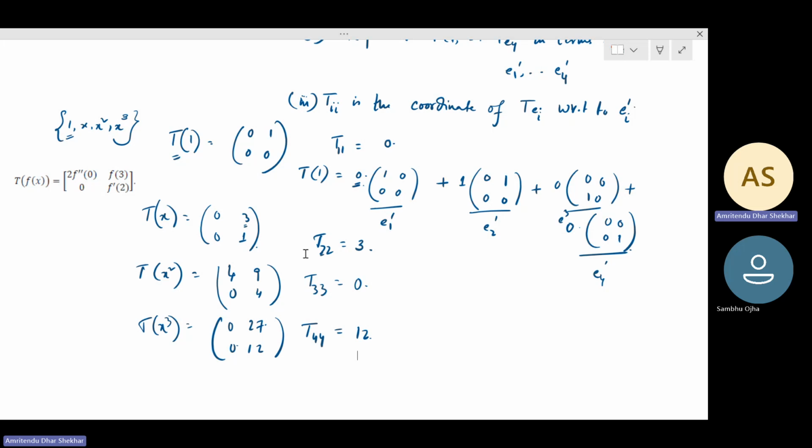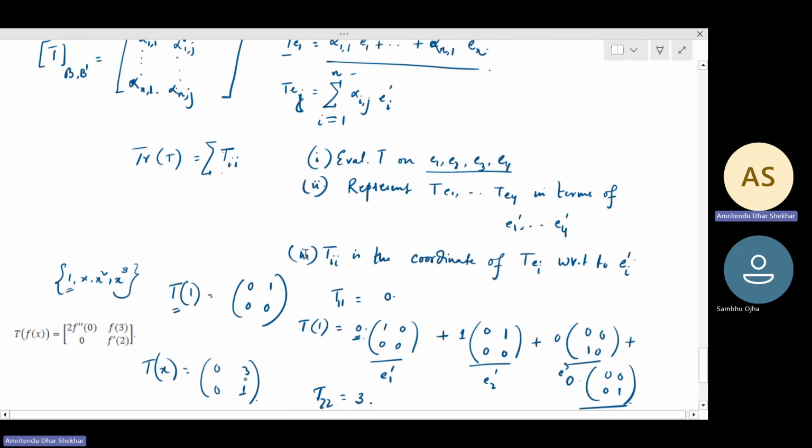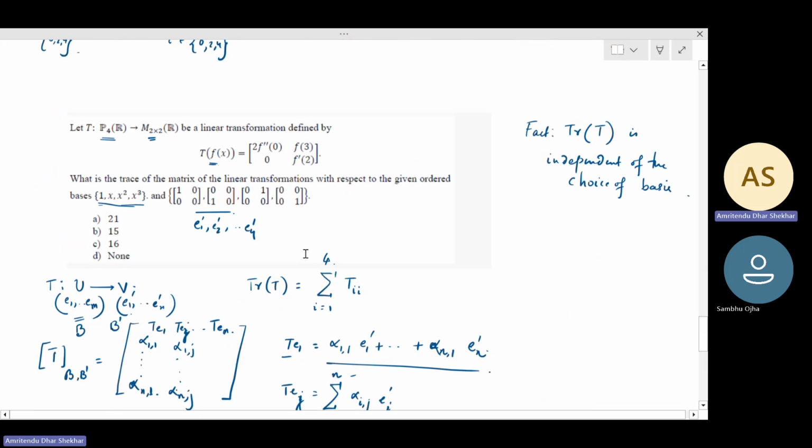Okay. I just want to mention one thing over here, which is when I stated this fact that the trace of T is independent of the choice of the basis, this is true. Let me just qualify this. This is true when T is a map from the same vector space to the same vector space.